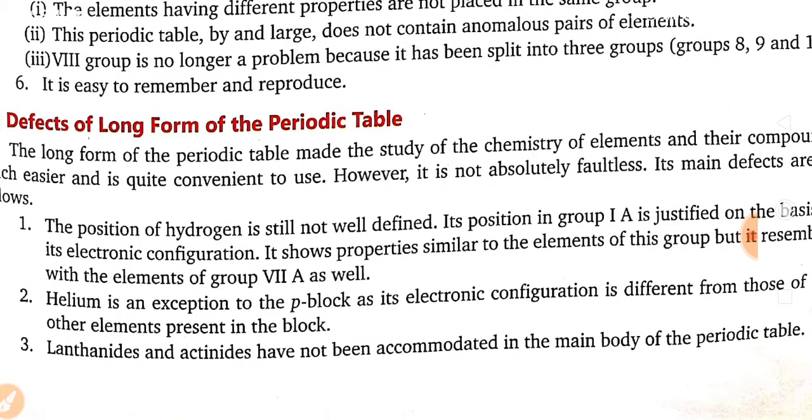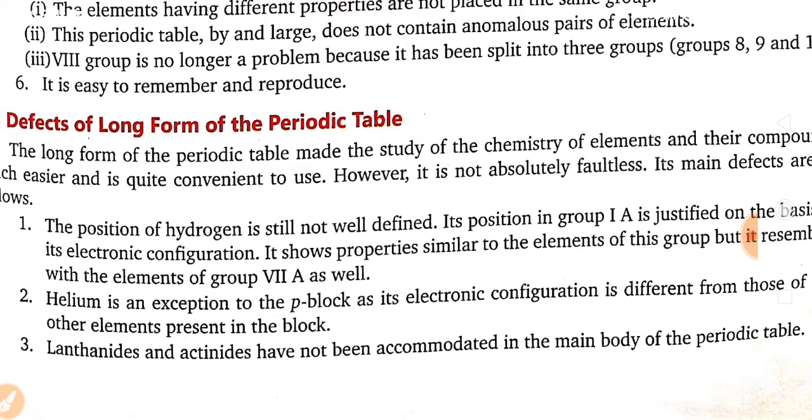It shows properties similar to the elements of this group, but it also resembles the elements of the seventh group, the halogens. So we are still in a dilemma about the position of hydrogen in this long form of the table.